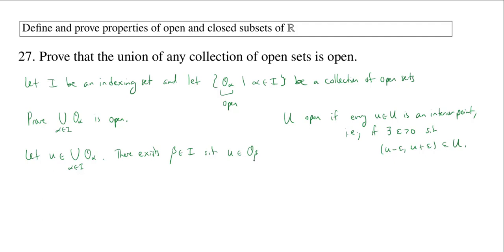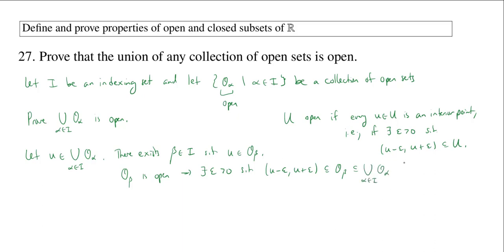Okay, so u is in O beta, but O beta is open. Well, if O beta is open, then we know that it contains a u coin. So this implies there exists some epsilon greater than 0 such that (u minus epsilon, u plus epsilon) is contained in O beta. But O beta is contained in the union, right? It's a subset of the union of the O alphas.